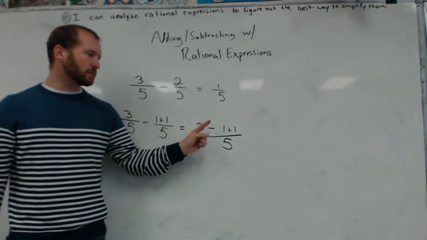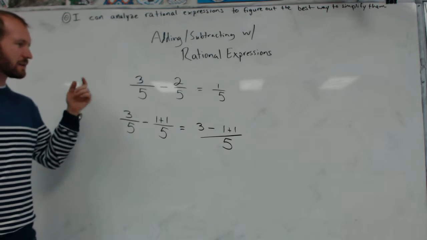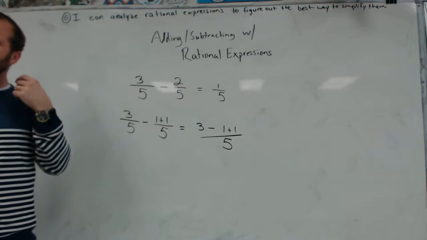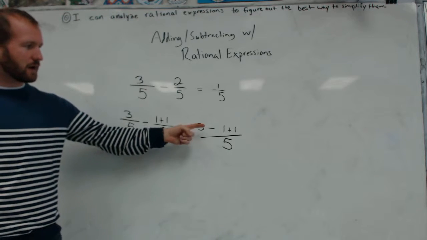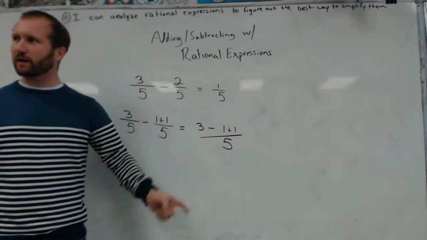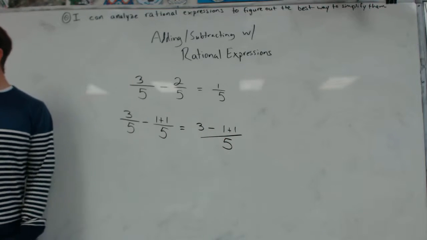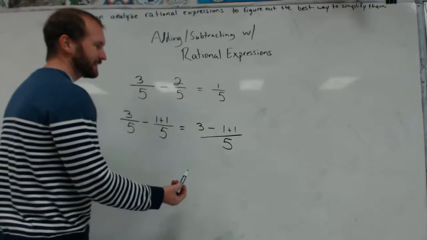So let's see, 3 minus 1 is 2, plus 1 is 3. Wait, 3/5 minus 2/5 is 3/5? What am I doing wrong? My entire math is a lie. I broke math.